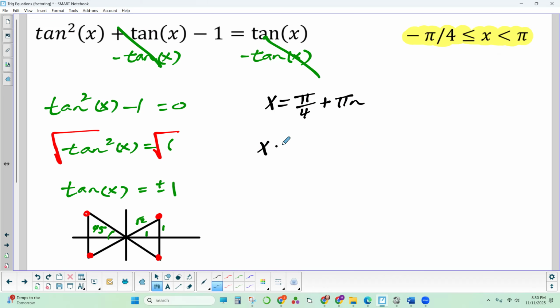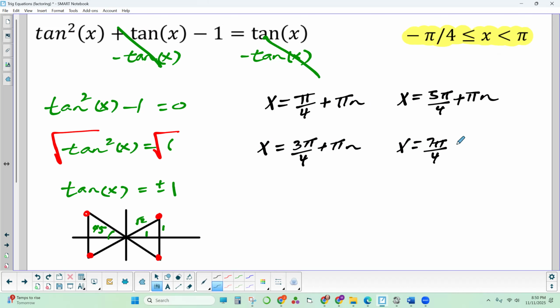Our next angle is 3 pi over 4. And then we've got 5 pi over 4. And then we've got 7 pi over 4. All right, so these are all of our angles.